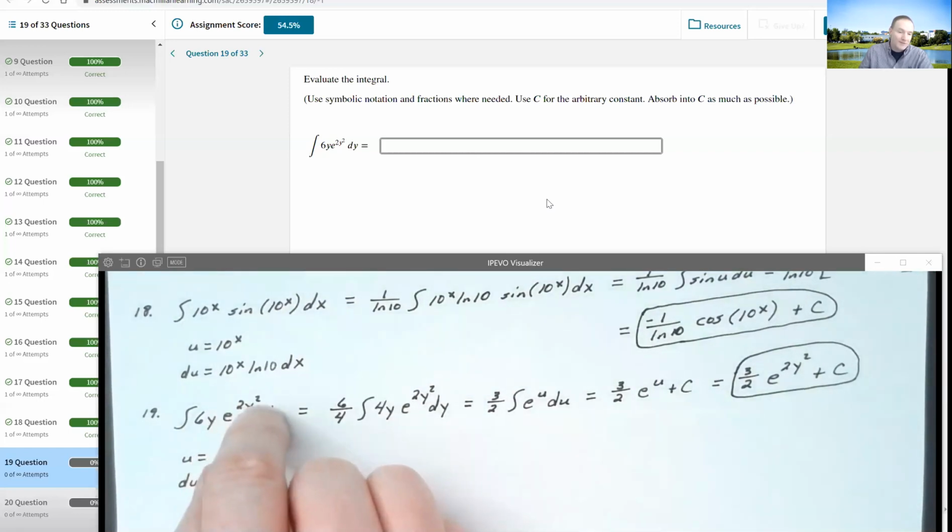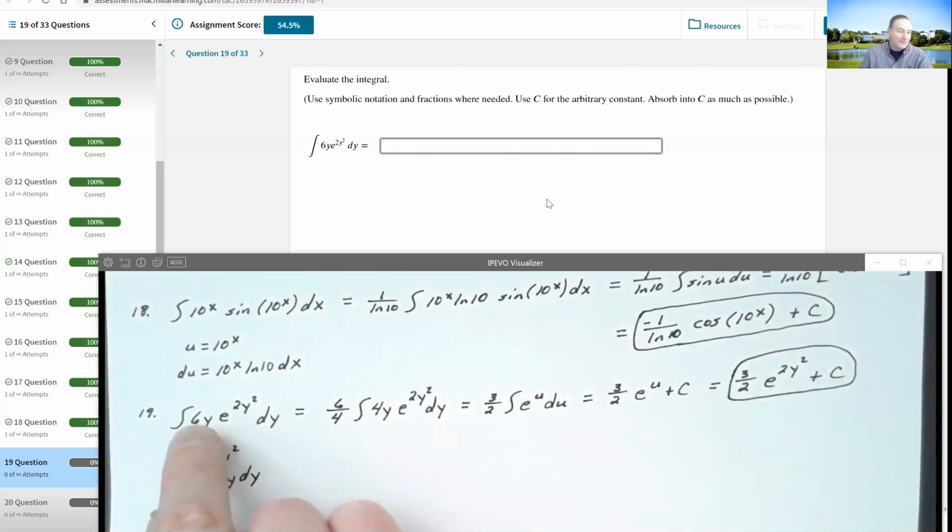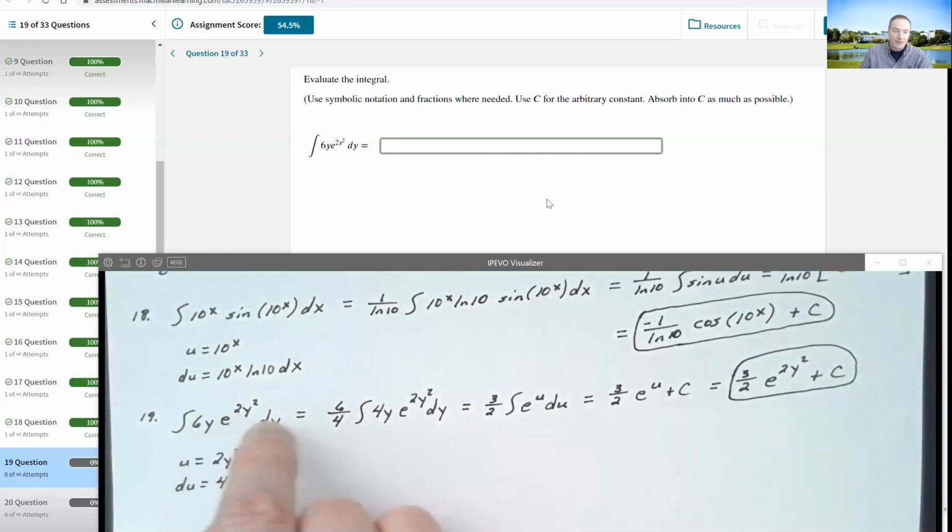I'll let u be this 2y squared. If u is equal to 2y squared, then du would equal 4y dy. Now, I needed a 4y dy in order to carry out the substitution in this problem. I see a 6y dy in there.